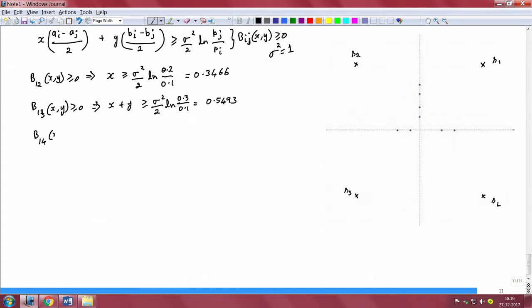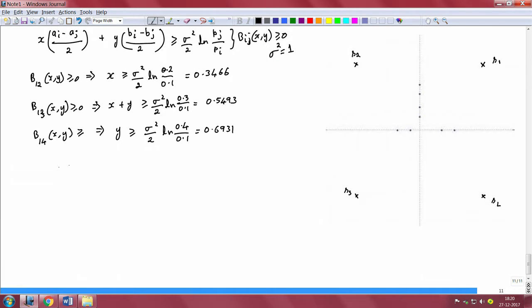For b14 of x comma y, between 1 and 4 only b1 and b4 are different, a1 and a4 are going to be the same. So, we will have only the y term greater than sigma square by 2 ln 0.4 by 0.1. This comes out to 0.6931. I am just taking these values so that I can plot here and show you.